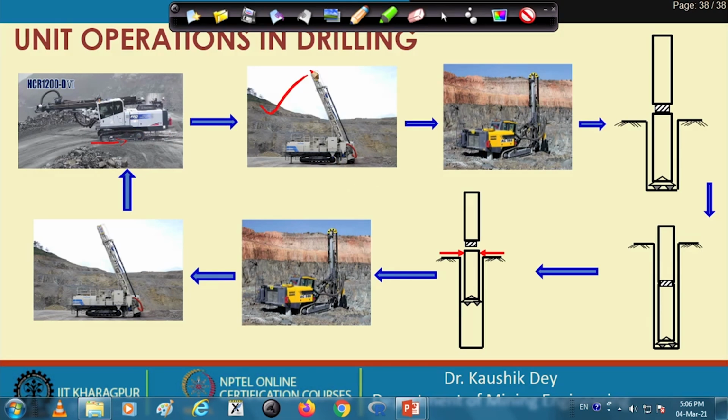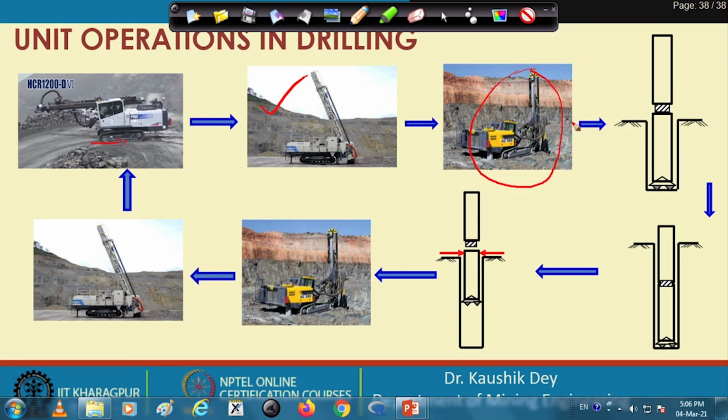The machine has arrived at this right position. Now, the machine is placed here, the boom is lifted and placed in the right spot, and drilling is started in the right spot. These photos are taken from Google.